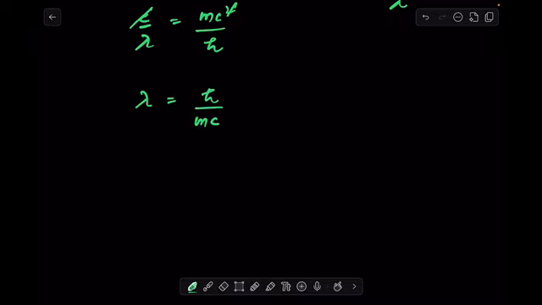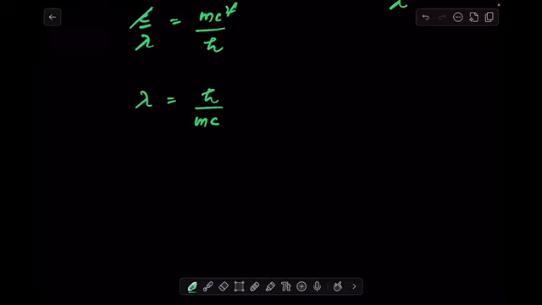Since we are considering wave and particle duality, we are trying to establish a relation which is going to hold good for both particle and wave. In the case of a wave, the speed is the speed of light, but in the case of a particle, the speed of light, that is 3 into 10 raised to power 8 meter per second, most of the time cannot be achieved.